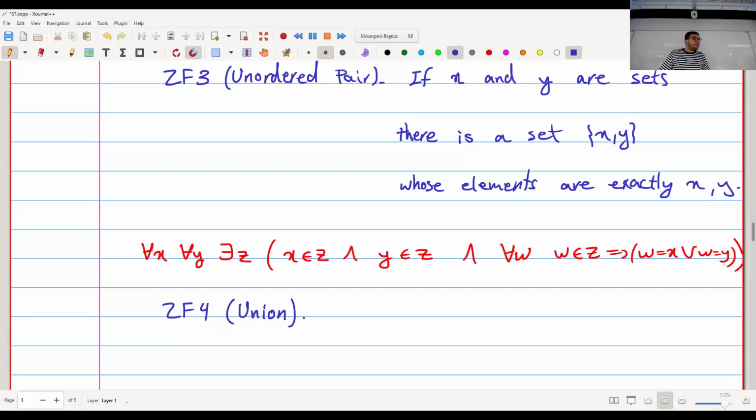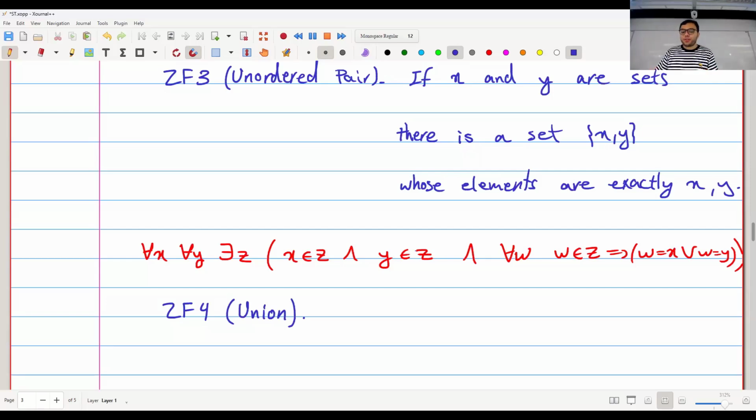I want to say that if I have a set of sets, I will have a union of all the sets in this set. Right. So basically, the important case is when it's an infinite set, right? So if I have an infinite set of sets, I can take the union of all of them. That's what I want to say.